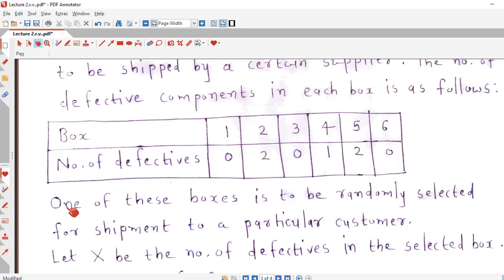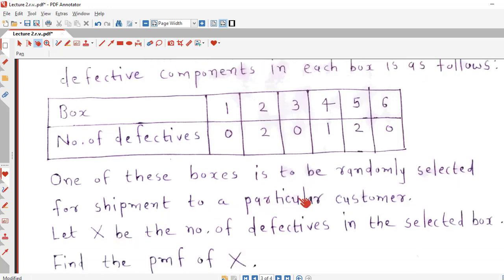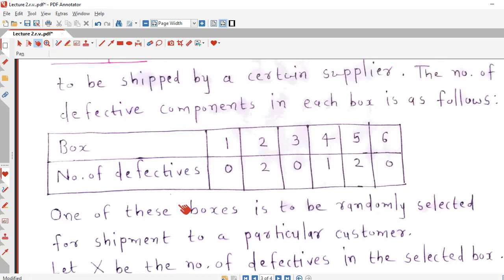Now what is the experiment? The experiment is that one of these boxes is to be randomly selected for shipment to a particular customer. So we select one box out of these 6 boxes, and that we can do in 6 ways. If I want to select a box out of these 6 boxes, then we can have box 1 selected, 2, 3, 4, 5 or 6.